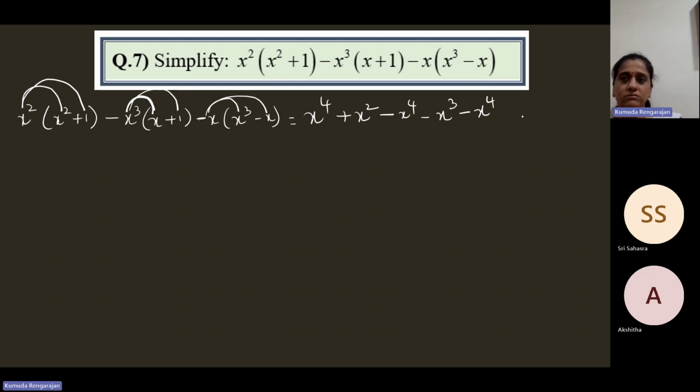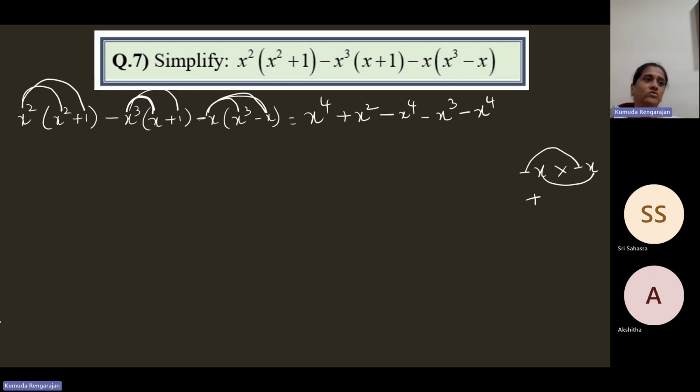Then third bracket, minus x. Multiply the signs. Harni, what are we multiplying? Minus x and minus x. So what's minus into minus? Plus. X into x?